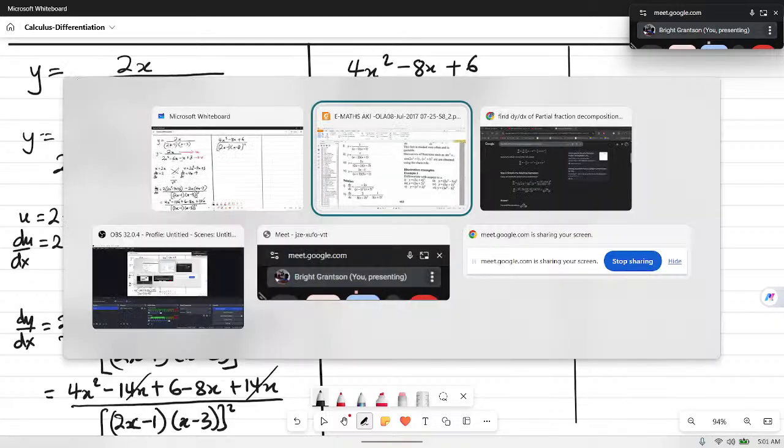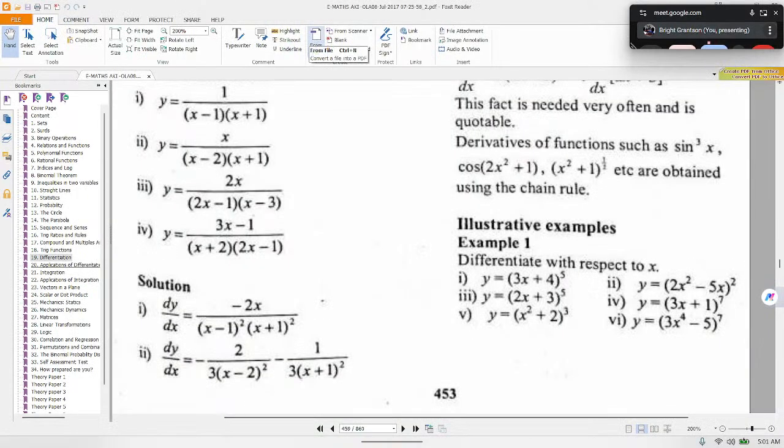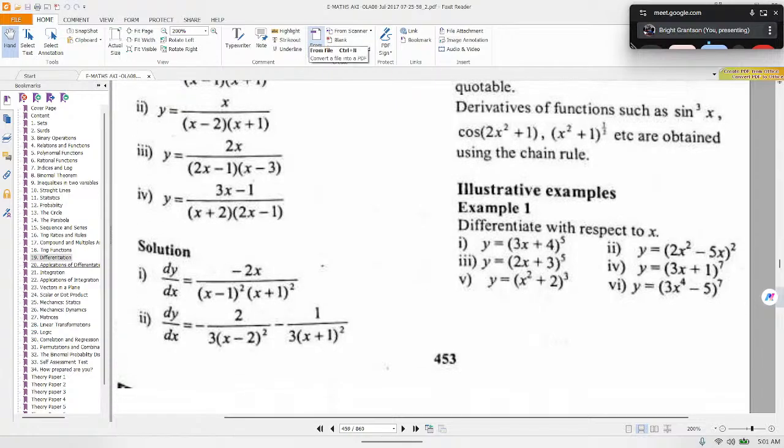Let's go and check if that's the answer behind it. Now, they used partial fraction decomposition to get the answer.